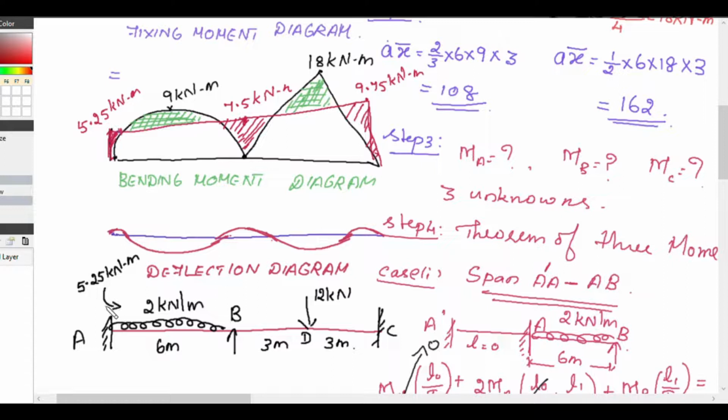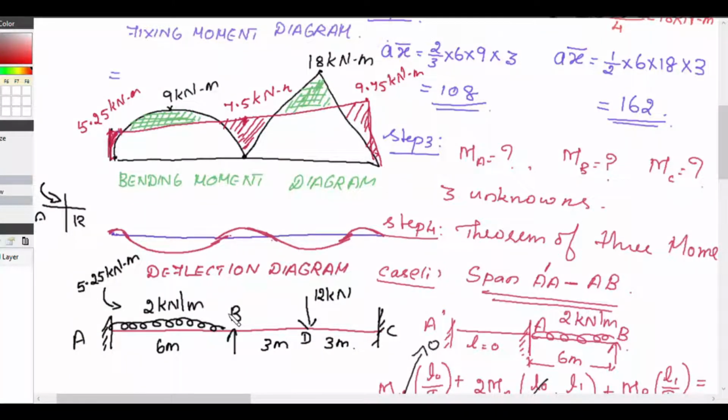This is negative. See, when you take any section on the beam AB, the left anti-clockwise becomes negative. So this 5.25 is a negative bending moment. That is why the moment is drawn in this direction.